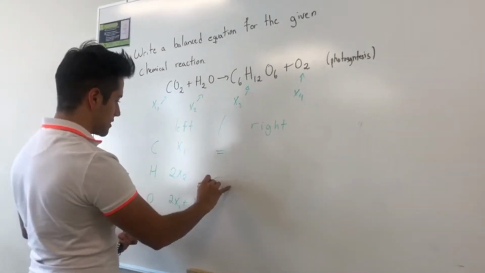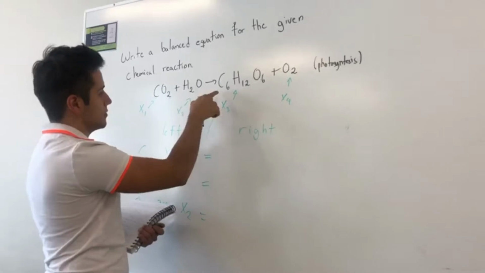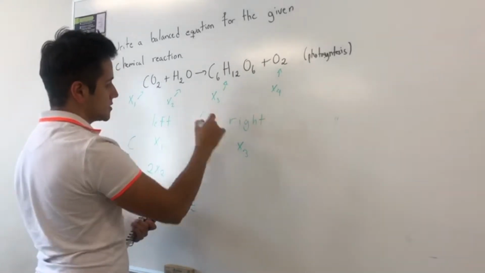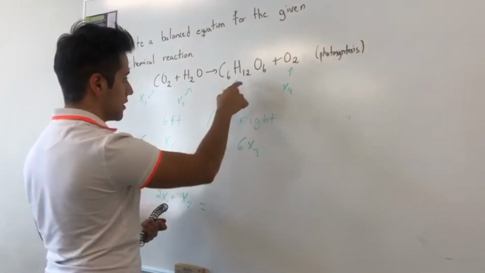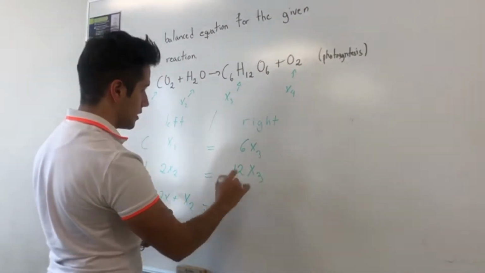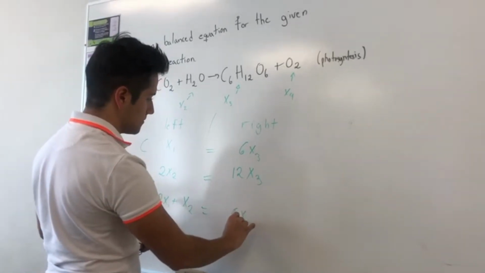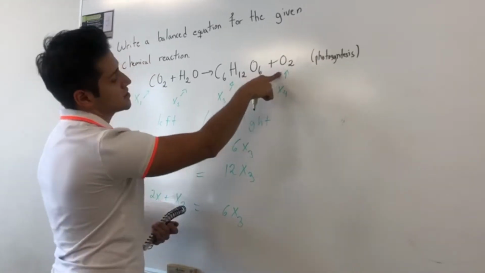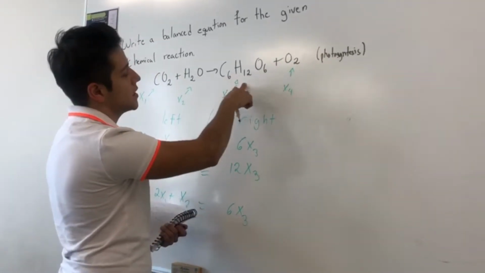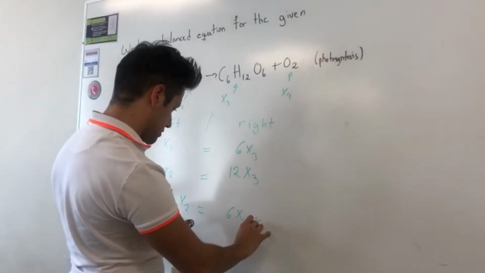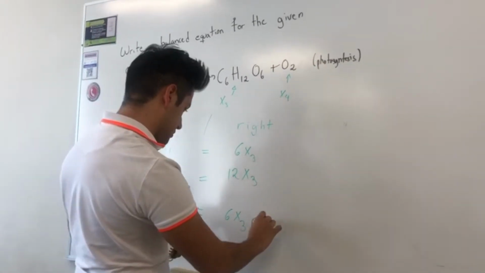And on the right side, in carbon x3 has 6, also we have 12 in H for x3, and 6 in oxygen for x3, and here we don't have a C, nor an H, but we do have oxygen, so we'll do 6x3 plus 2x4.